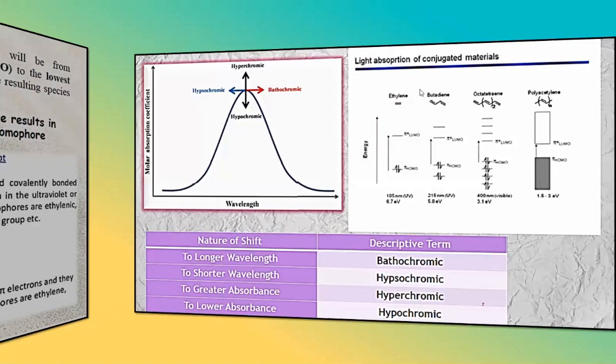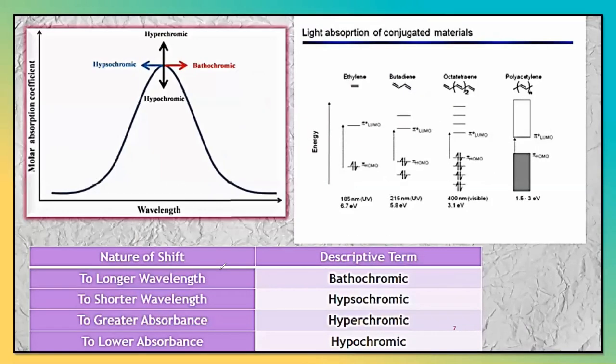Now this is a very important point, the different types of shift that we see whenever we are discussing absorption spectra. These are some examples of light absorption of conjugated materials, and how much distance it actually covers. But here we are more concerned about this table and this diagram.